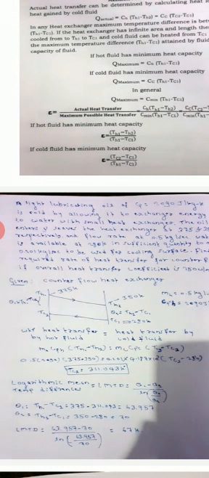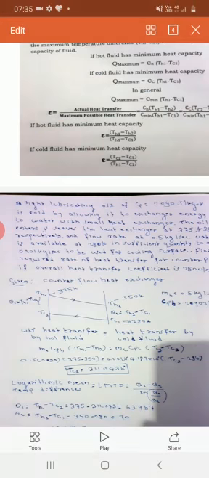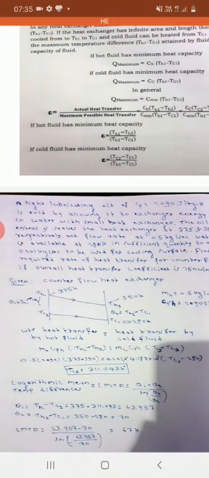To find the LMTD, we know that the logarithmic mean temperature difference is equal to theta 1 minus theta 2 divided by ln of theta 1 upon theta 2, where theta 1 is Th1 minus Tc2, equal to 375 minus 311, which is 63.957.